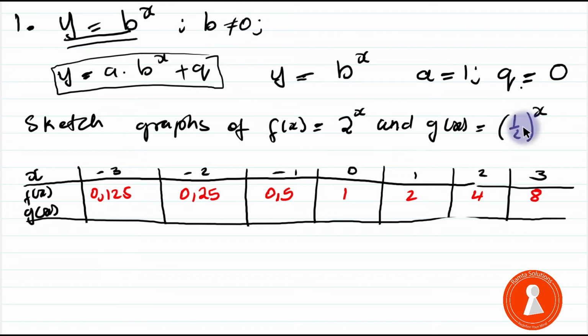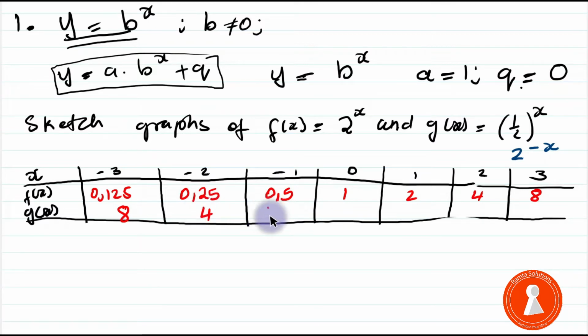This one, let me write it in blue. It's similar to saying 2 to the minus x, right? So this one will be, 2 to the power minus 3 would be 8, and 2 to the minus 2 would be 4.